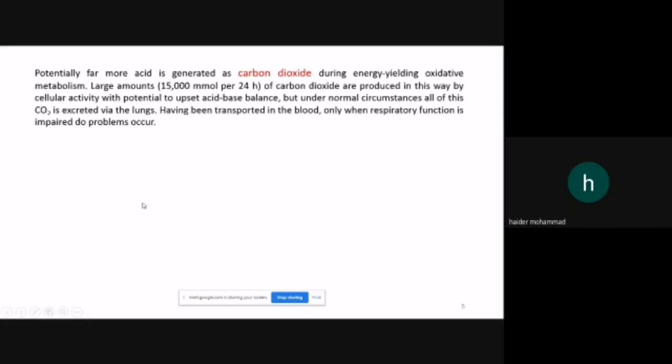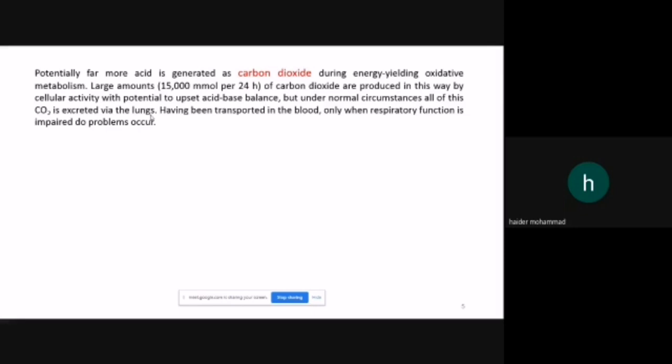Now we have the second organs that play a significant role to remove the acid from the blood. The first one is the kidney. The second one is the lungs.